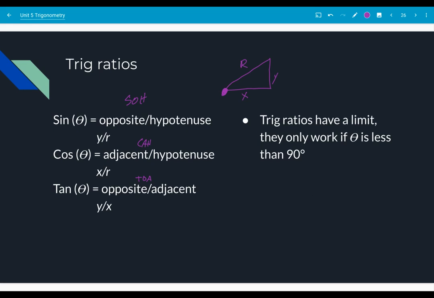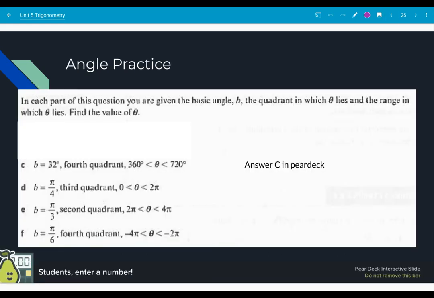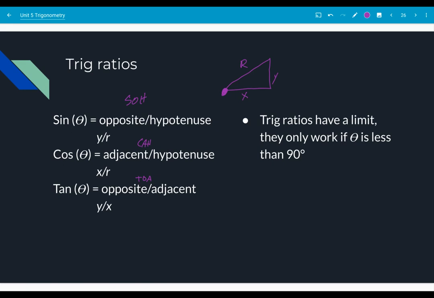Trig ratios have their limit, though. They only work when theta is less than 90 degrees. If theta is over 90 degrees, you're going to get domain errors when using them. That's where that base angle, or the principal angle we were looking at here, comes into play.